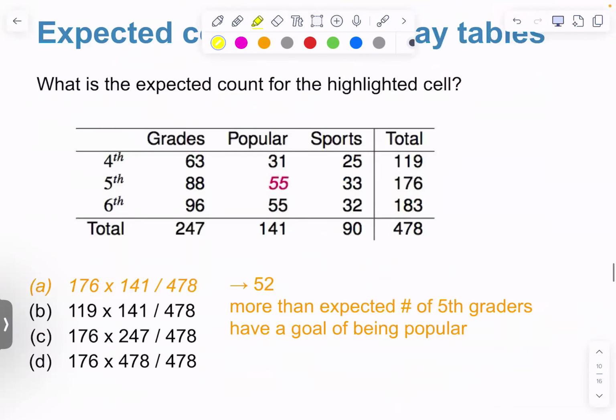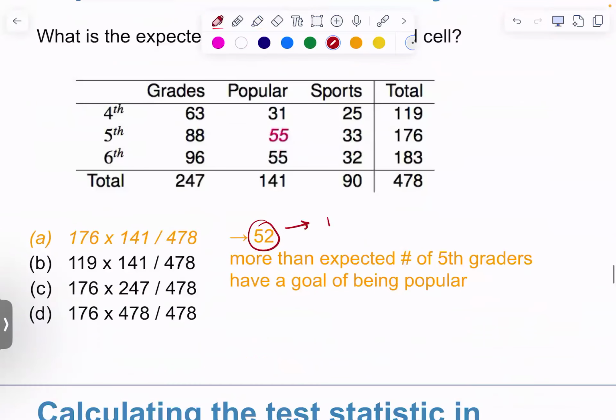She's rounded, but I will say this. This value is rounded, but I want you to keep at least 2 decimal places.